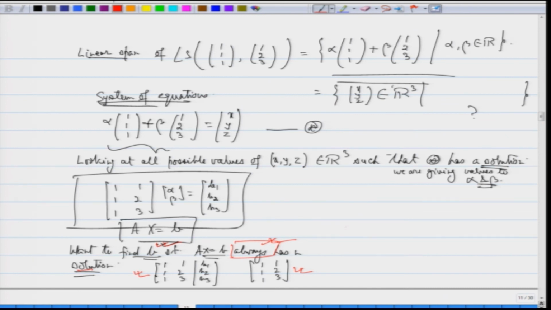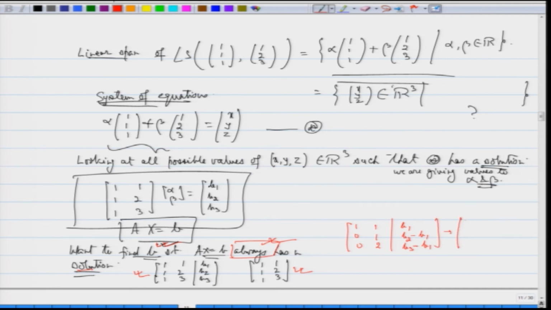Fine. So, what we want here is 1, 1, B1, subtract it, 1 minus 1 is 0, 2 minus 1 is 1, here it is B2 minus B1, I hope I am doing correctly, 1 minus 1 is 0, 3 minus 1 is 2, B3 minus B1.